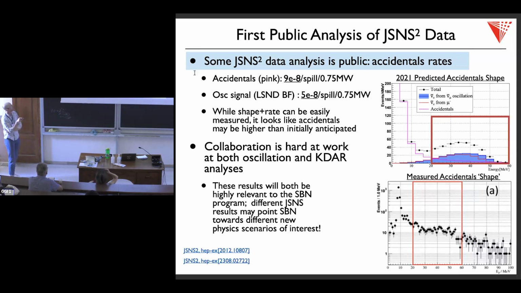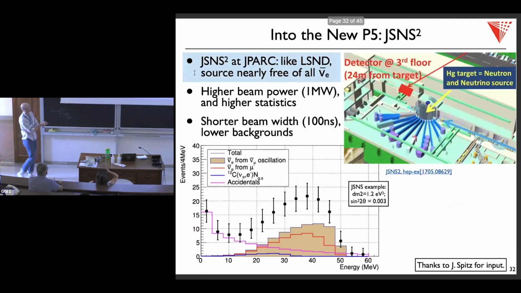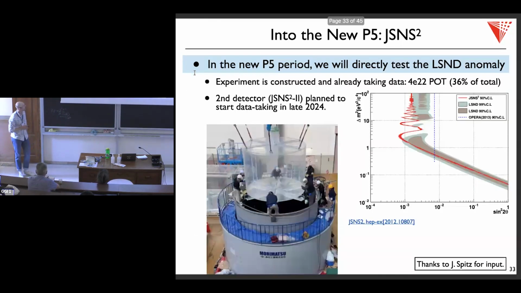Right here, one of the backgrounds, the pink background, they have reported on so far. That's accidentals. That's random, uncorrelated physics events happening near each other in space and time.